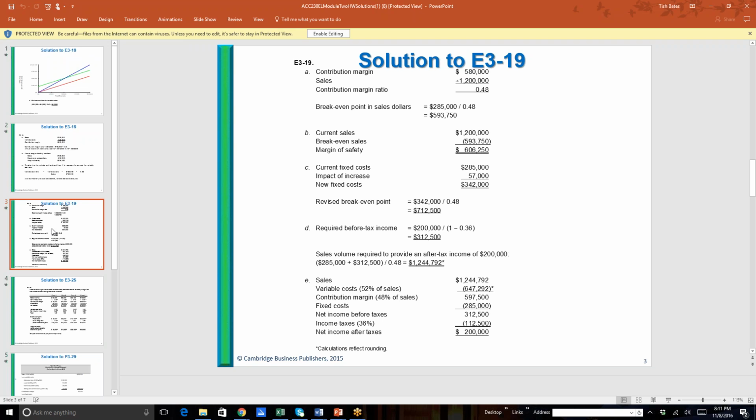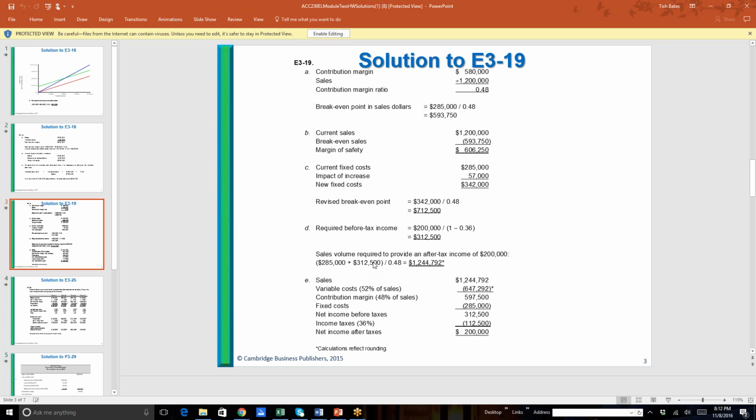I guess it's just figuring out the income tax portion of it. So when it says sales volume required to provide an after-tax income of $200,000, I don't even know if I answered that. I just blanked out on it completely.